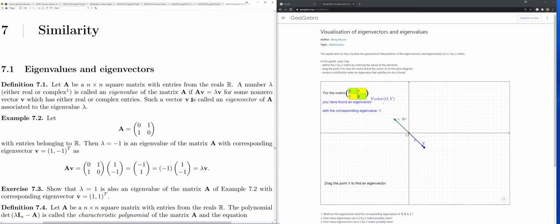For your particular eigenvector v, you're going to have some scalar multiple of v, and the scalar out in front is the eigenvalue associated to the eigenvector. You denote that eigenvalue as lambda.